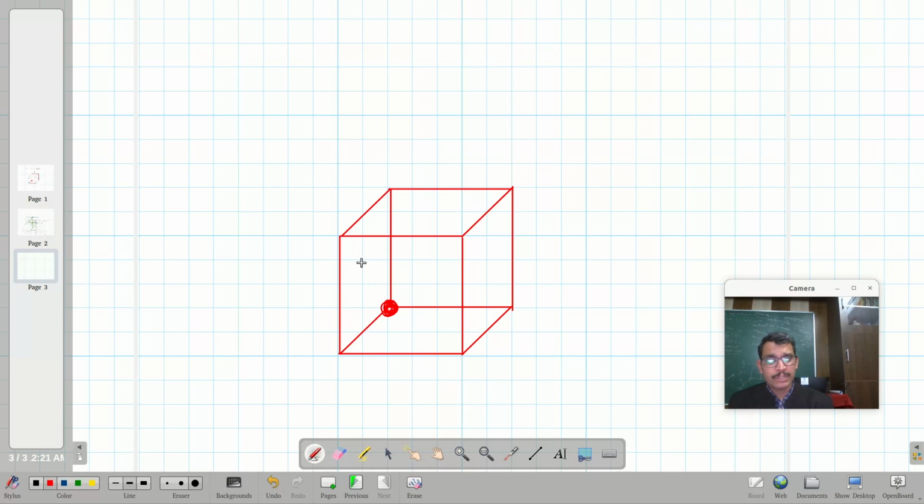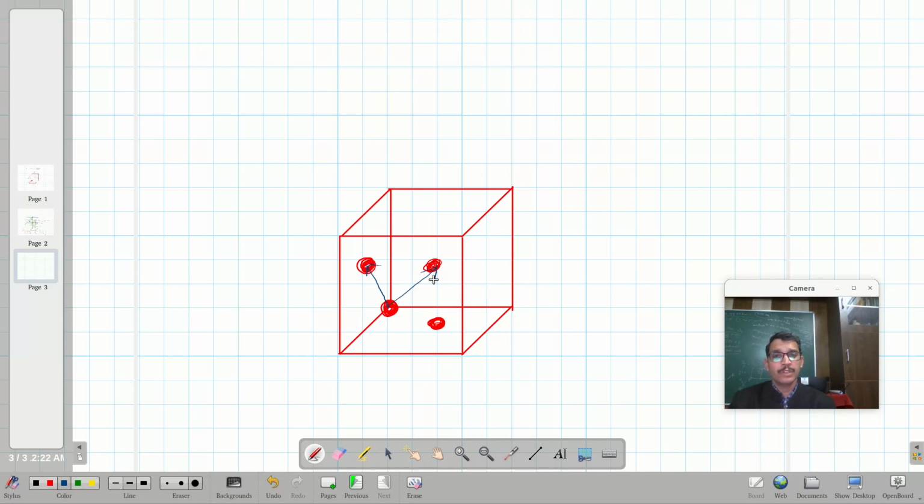So 1 atom is here, another atom is at this face, and a third atom is at this face. These are the FCC. So if I join these atoms, let me join this with this.